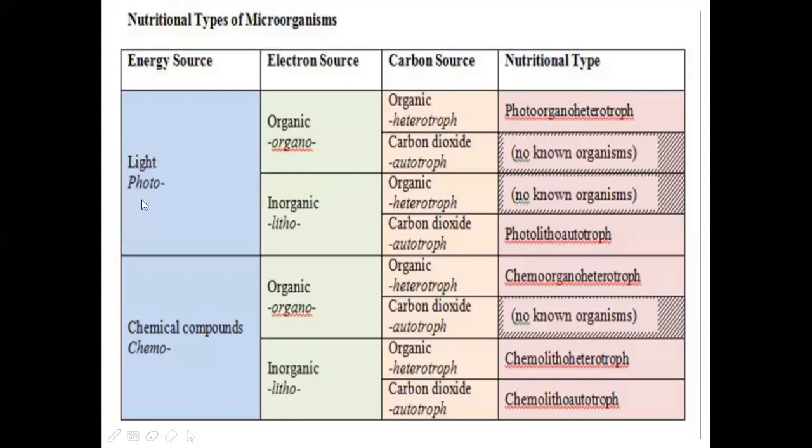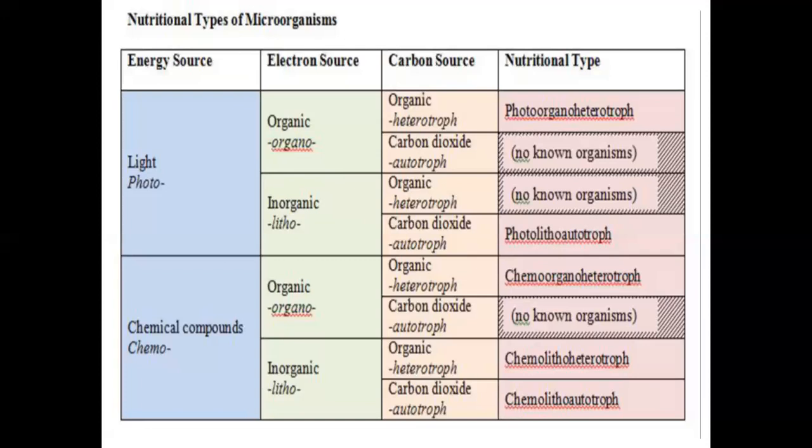Photo organo heterotroph means the organism is utilizing light as a source of energy, and organic compounds as a source of electrons, and the same organic compounds as a source of carbon also.